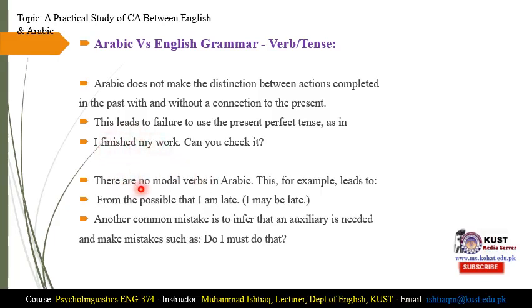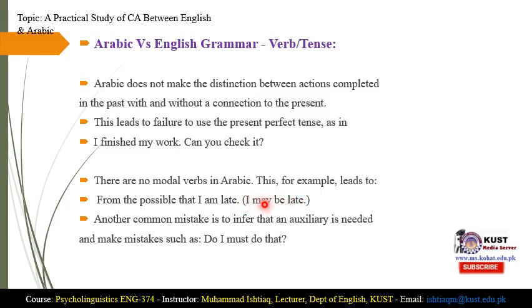Furthermore, we may also note that there are no modal verbs in Arabic. This, for example, leads to structures like "it is possible that I'm late" instead of saying "I may be late."